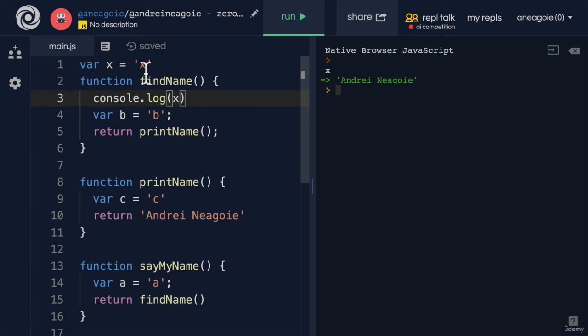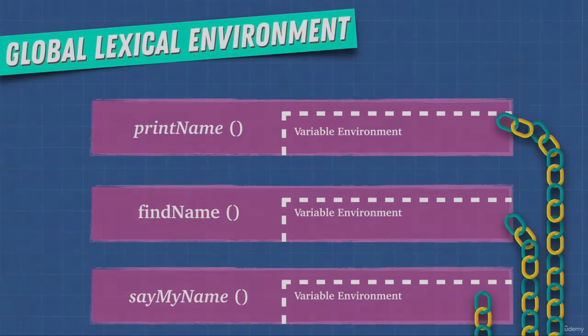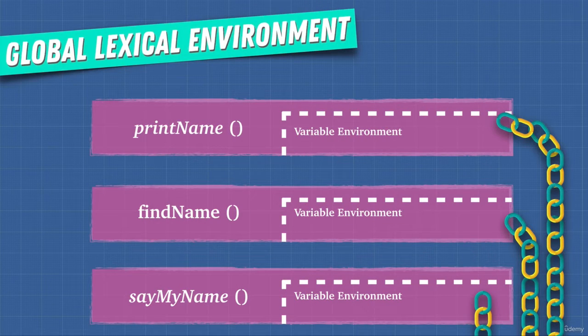Let's see how this works in a diagram. All of these functions have a global lexical environment. That is, they're written in the global space, not inside of another function, just on the main page, they just get attached to the window object or the global object. So all these functions have their own variable environment.